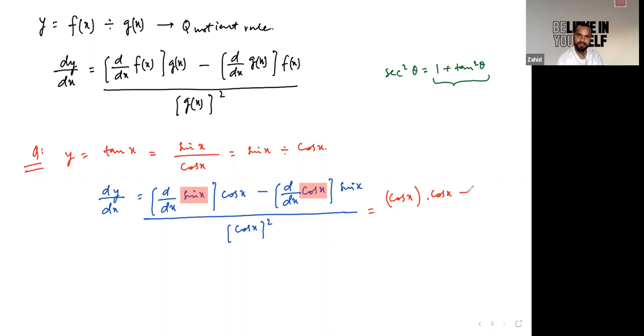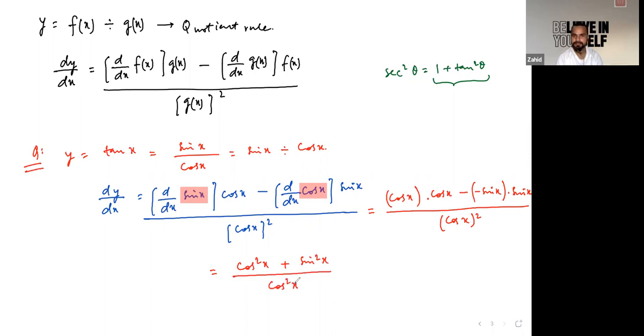Minus differentiation of cos x, which is minus sin x, multiplied by sin x, whole divided by cos squared x. So cos into cos becomes cos squared x, minus minus plus sin into sin becomes sin squared x, and whole divided by cos squared x. Is it clear? Yes, sir.